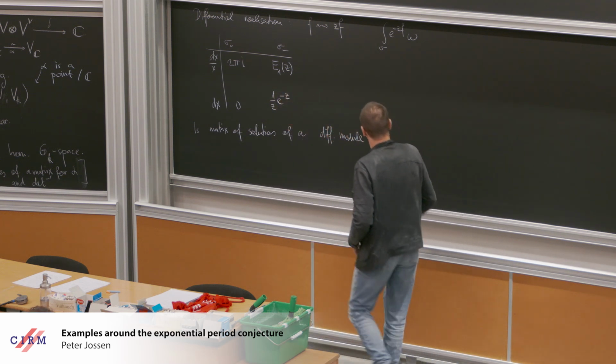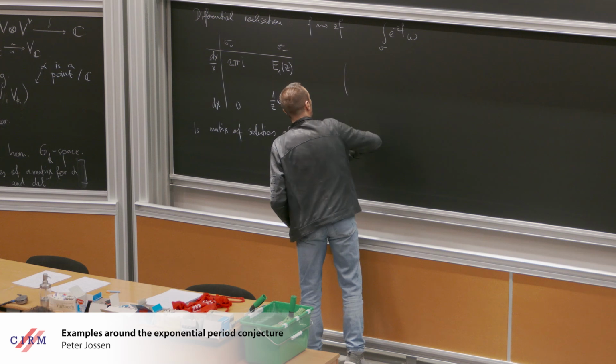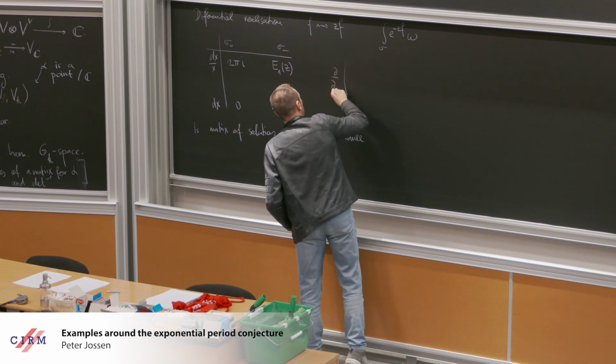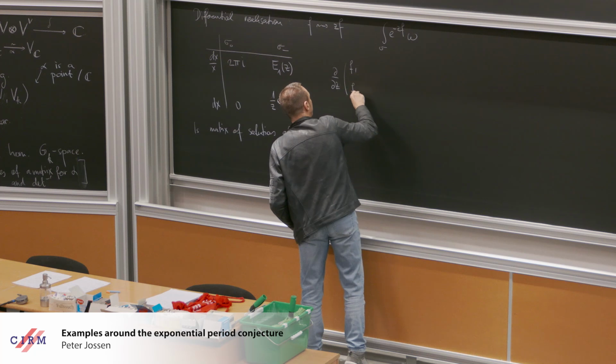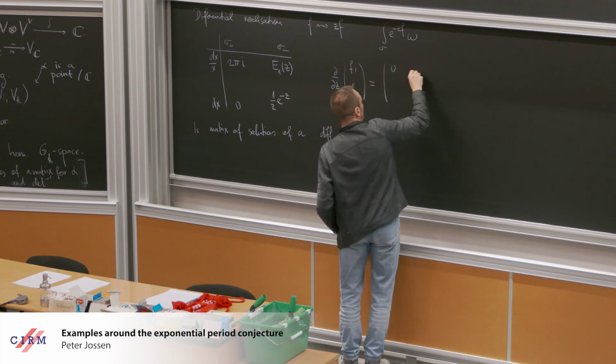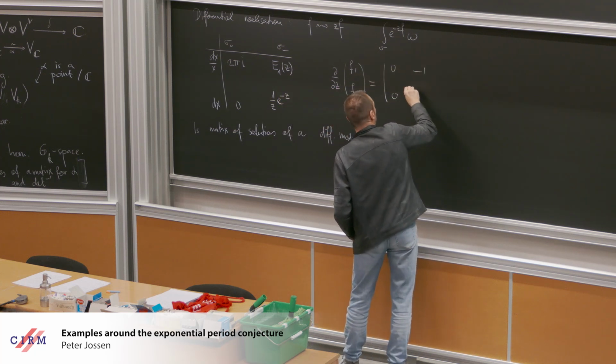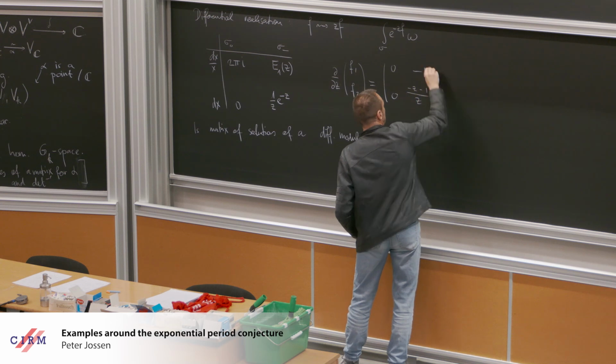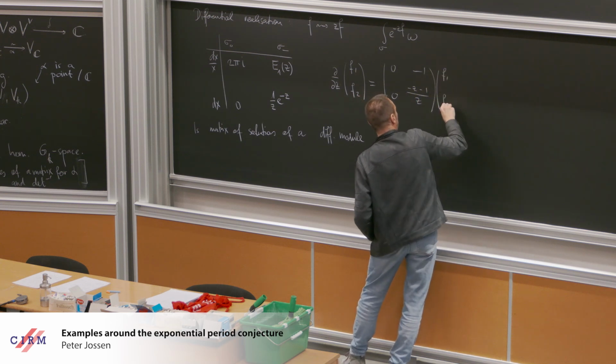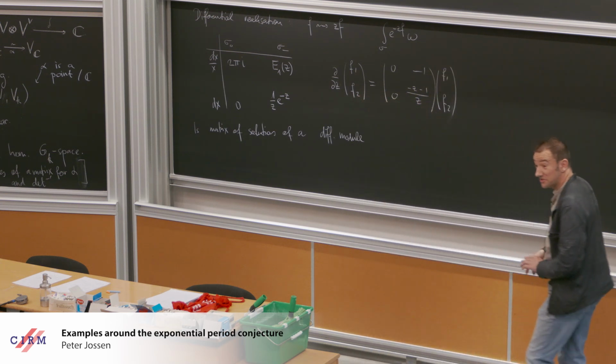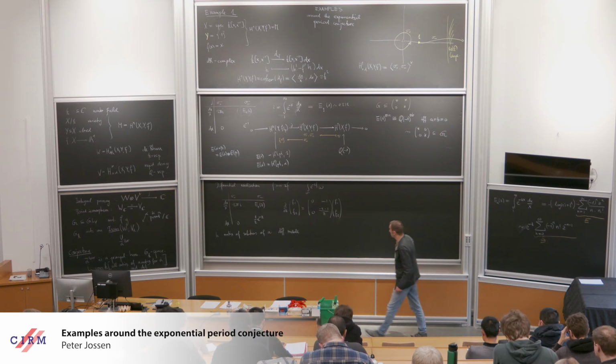I can give you the differential module in the form of a matrix equation: d/dz of (f1, f2) equals the matrix (0, -1; 0, -z) ... This is the matrix differential equation, and you can check.